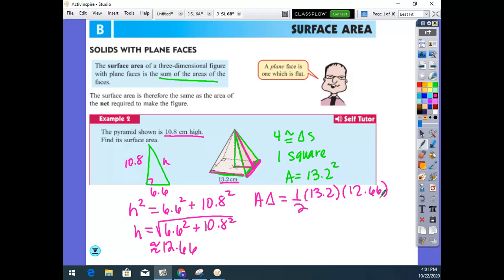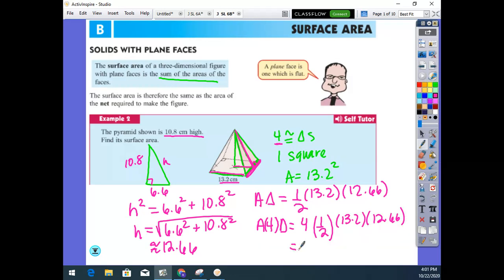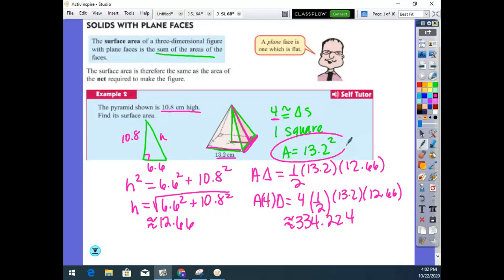And if I multiply all that together, but remember I have 4 of those triangles, so I'm going to find the area of all 4 triangles. So I'm going to have 4 times my 1/2 base times height. If I multiply all of this together, my triangles all together come out to approximately 334.224.